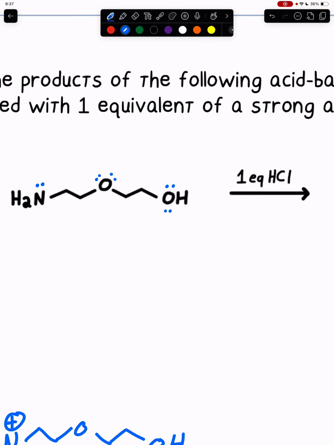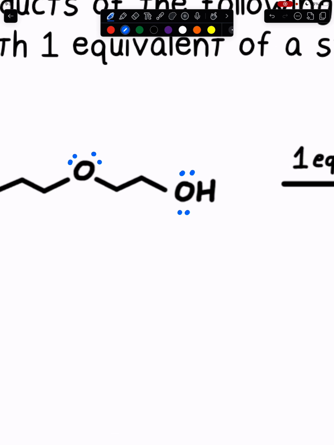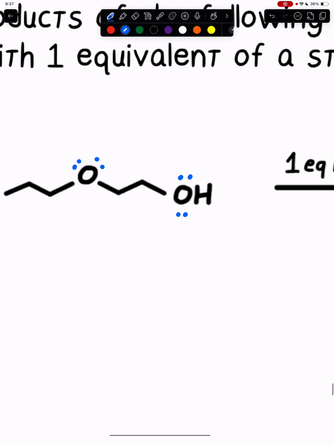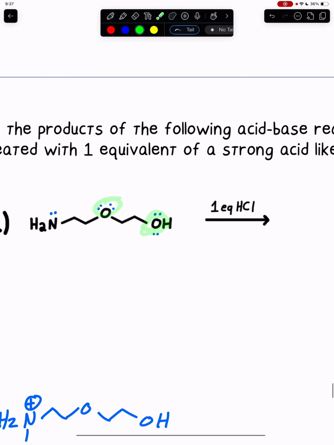If oxygen is more electronegative, it's hanging on to these electrons more tightly. If it's hanging on to them more tightly, they're not going to go out and pick up a proton as easily. Nitrogen, being less electronegative, is not hanging on to its electrons as tightly, which means they're more available to pick up a proton, which means they're more basic, which means these are going to react first.